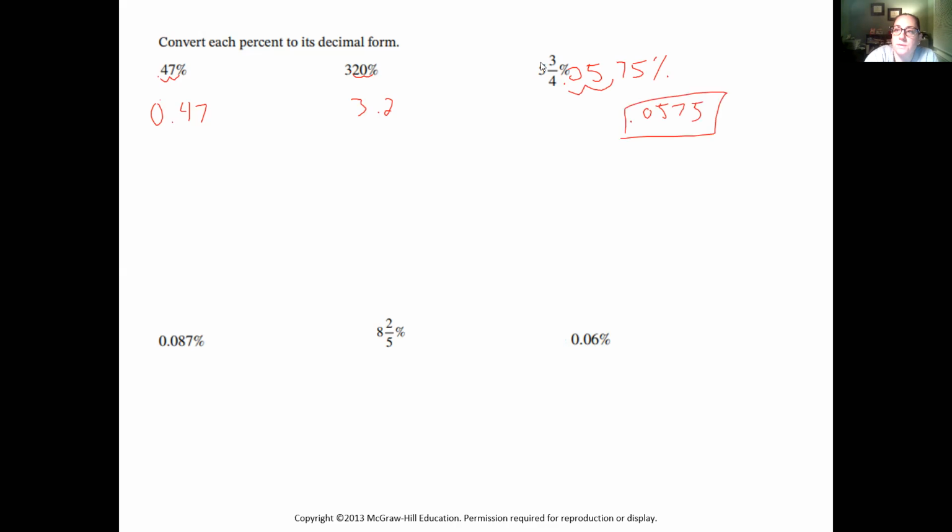Or you can turn it into an improper fraction from the beginning. 5 times 4 is 20, plus 3 would be 23. You can divide it.